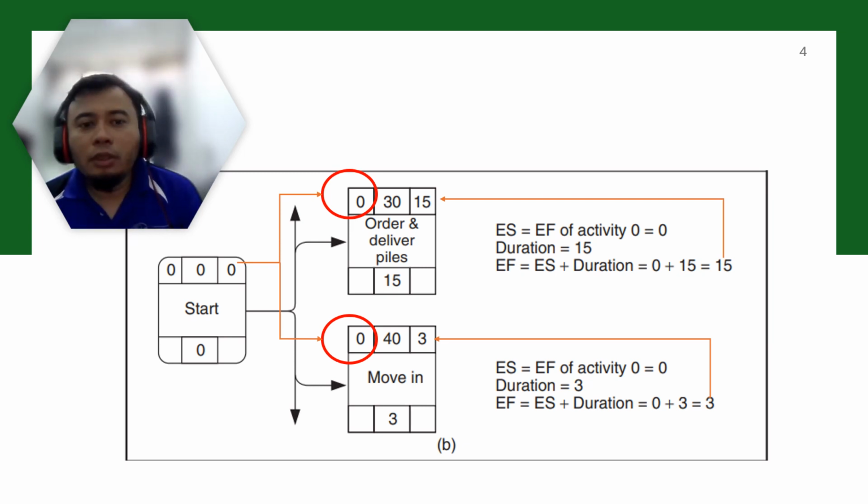In this example, you have the next activities, which are order and deliver files, and then mobilize. Your early finish of the previous task will be the early start of the subsequent activity.